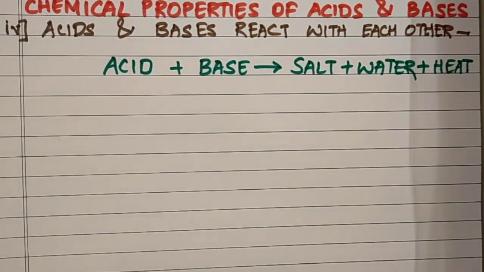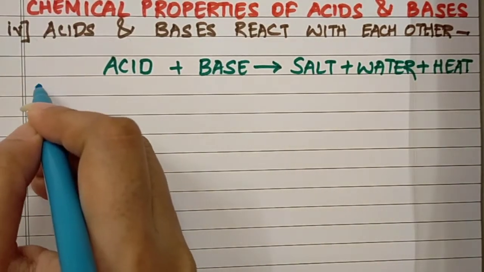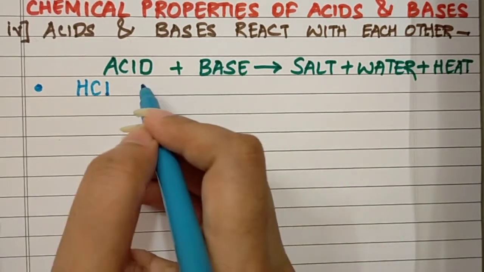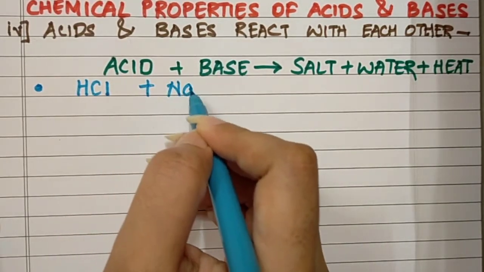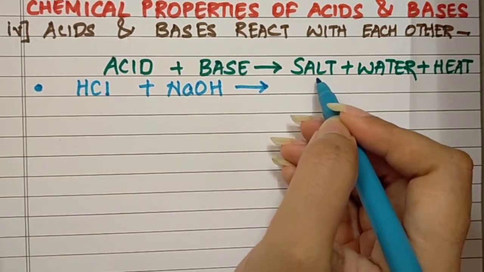Okay, yes. So let us try and understand an example for acid and base. Let us take the example of a strong acid, that is HCl, reacting with a base, say NaOH, a strong base again, and this forms salt and water.